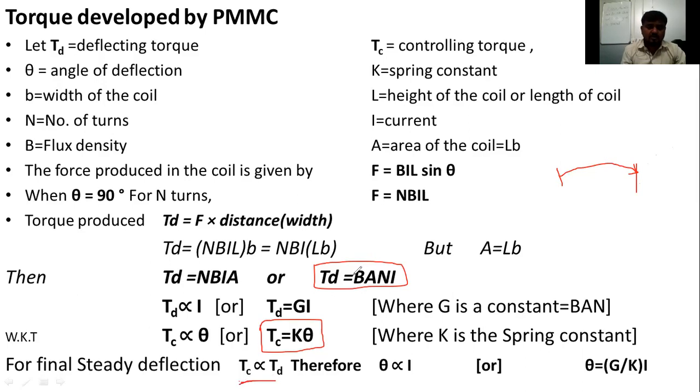We have derived TD equal to BANI and TC equal to K theta. In place of TC, you substitute K theta. BAN I have considered as a constant, so we can call it G, and write K theta proportional to GI. So we can write theta equal to G by K into I. This is the final equation.